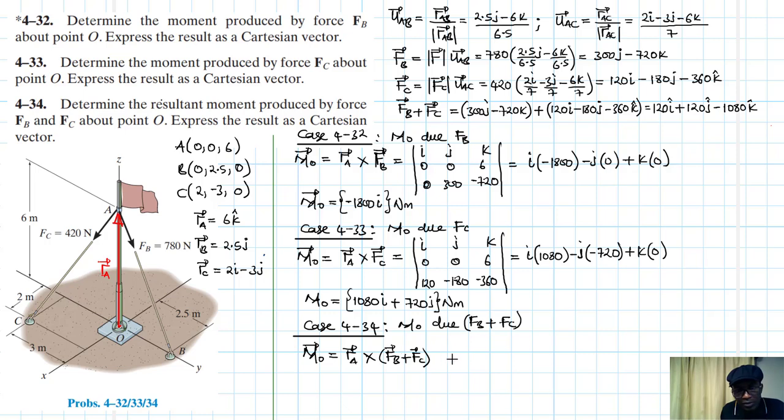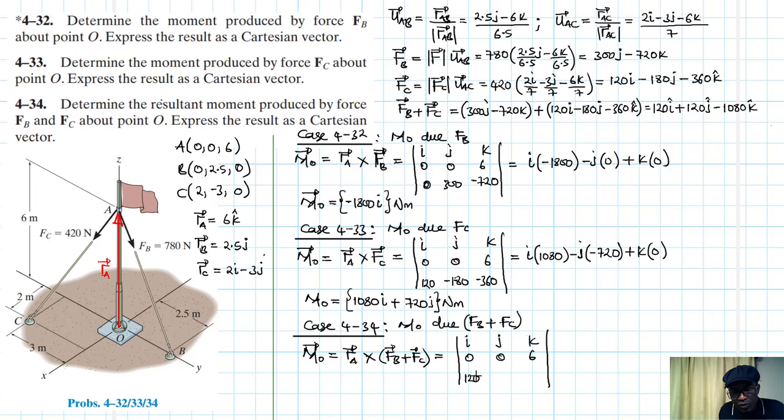Here we are summing up two force vectors. This is going to be equal to, let's open up our tool. We have I, J, K. Okay. So this is 0, 0, 6. And then FB plus FC.